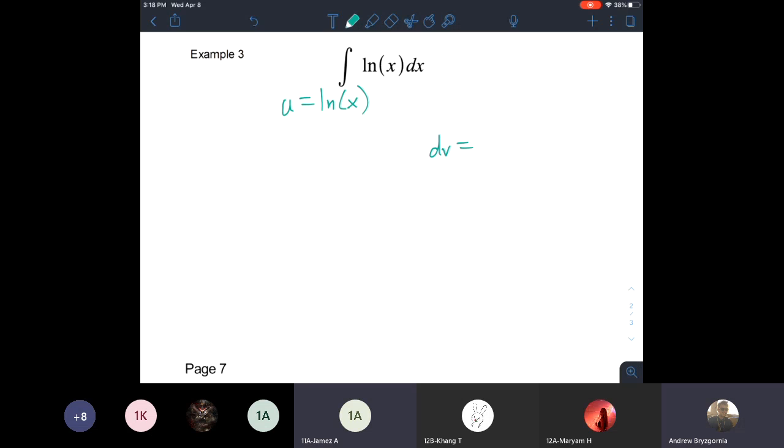So we're going to let u be equal to natural log of x, and then dv is going to be 1 dx. So then that requires v to be x, and then du will become 1 over x dx. So then we are going to use the integration by parts formula.